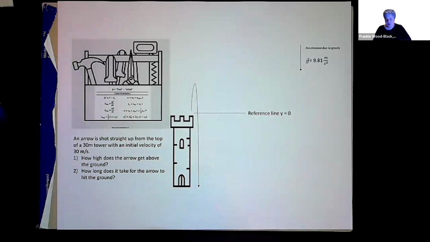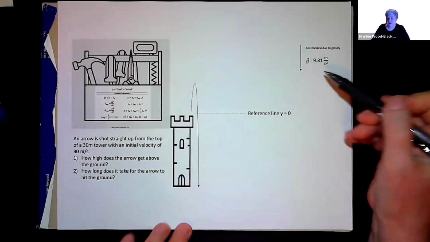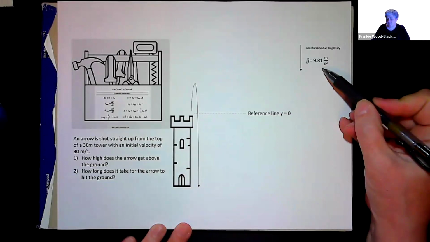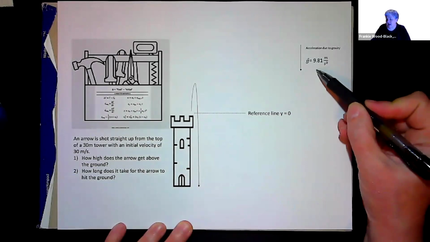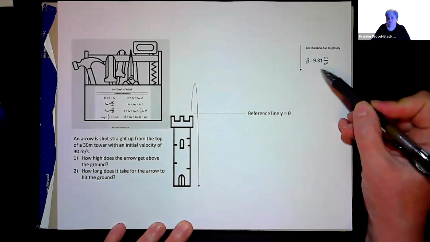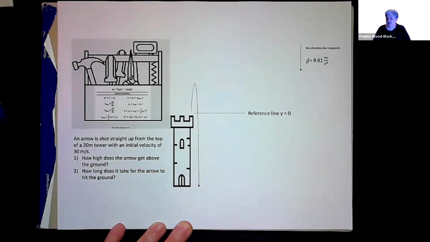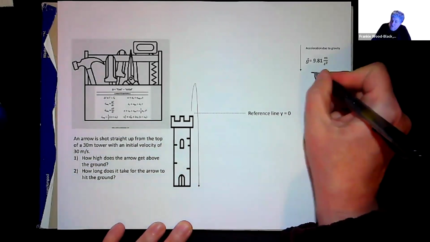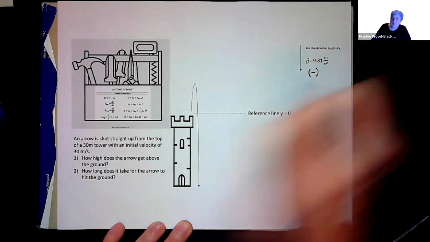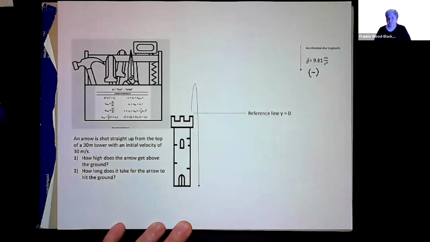So we assume that everybody's going to remember that the acceleration due to gravity is 9.81 meters per second squared. And we have that going down. So one of the things we're also going to say is going down is negative. All right.